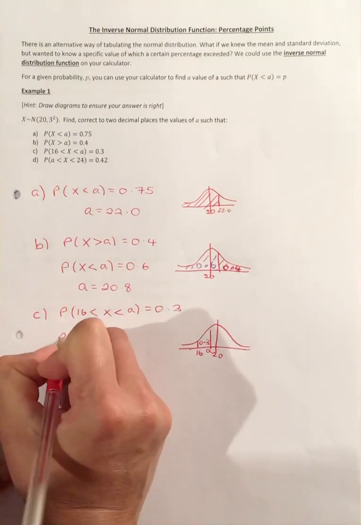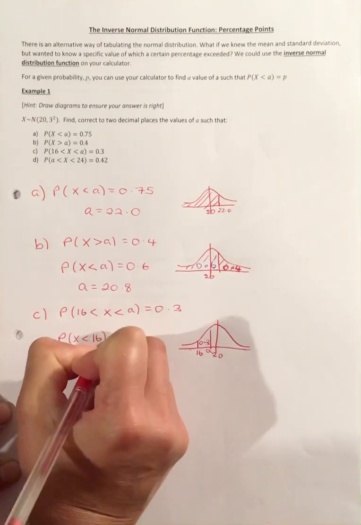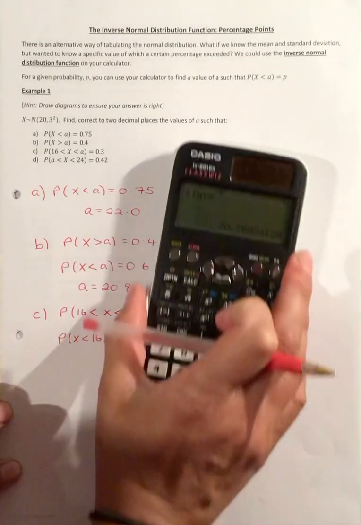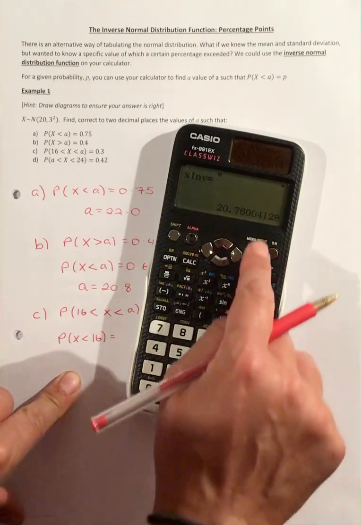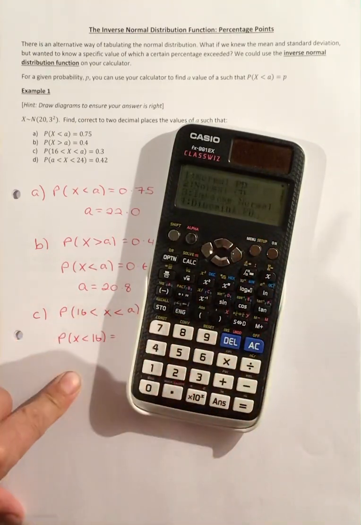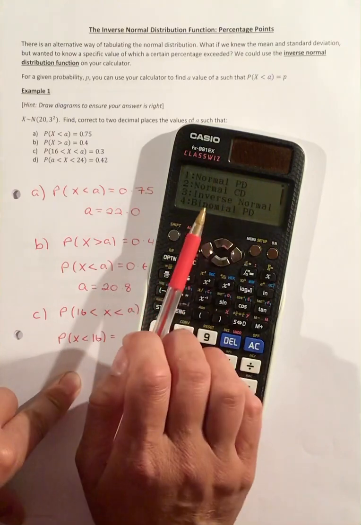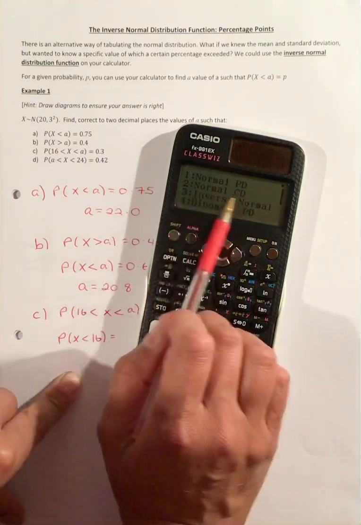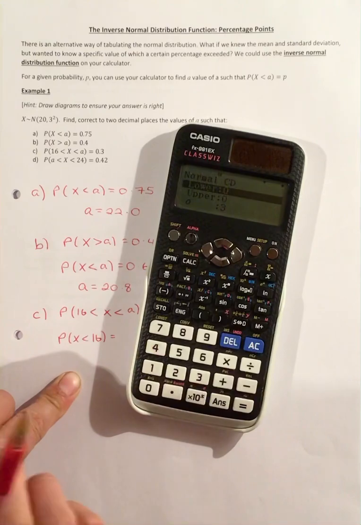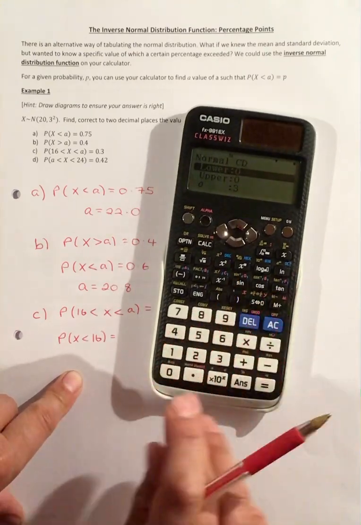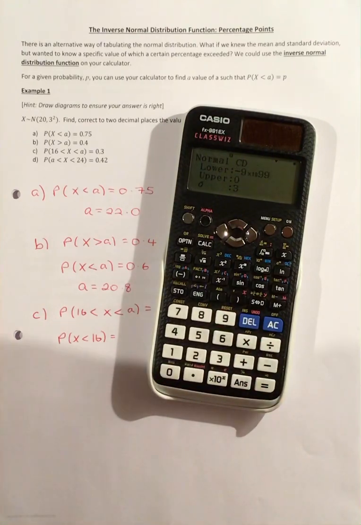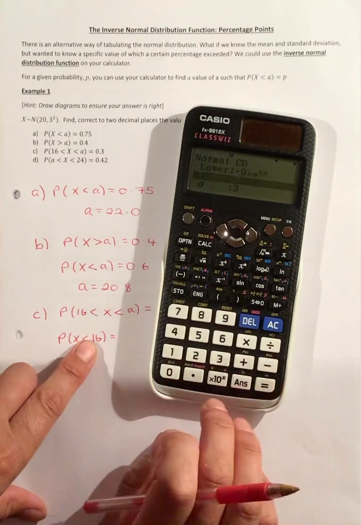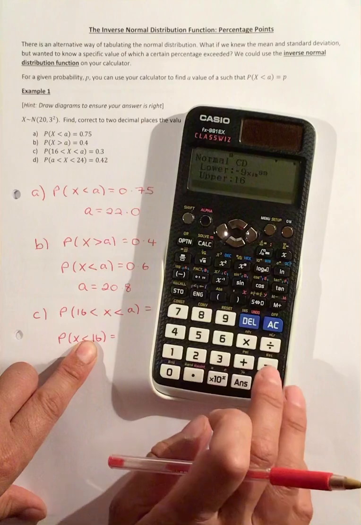The probability that x is less than 16, I can work out using my normal distribution. This time I need to go back into the distribution function, option 7 on the menu, and use my normal cumulative distribution. My lower value is something very small, so let's use minus 9 times 10 to the 99, and my upper value is 16.